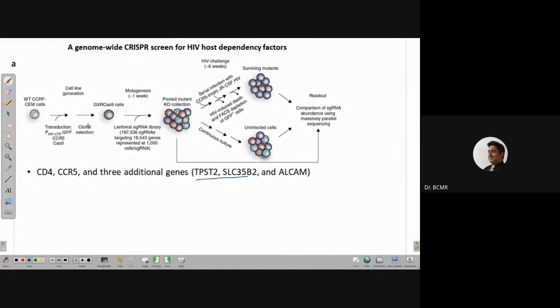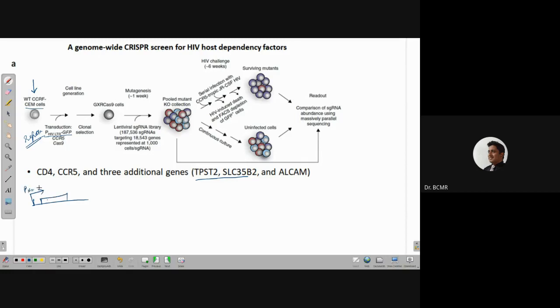So I'm reviewing what I have discussed so far. Please try to follow, and if you have problems, you can always ask questions. This is the actual cell line they have taken, that is wild type CCRF-CEM cells. Then they have put in pHIV-GFP, which is for reporting HIV infection. That's why they have used a promoter with GFP, and this promoter is pHIV.